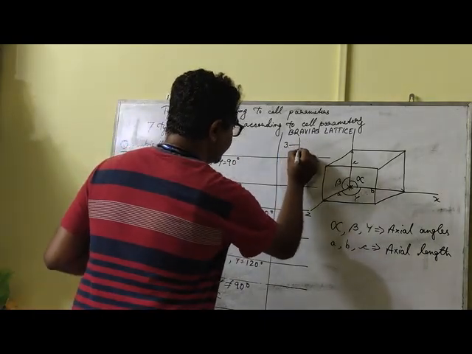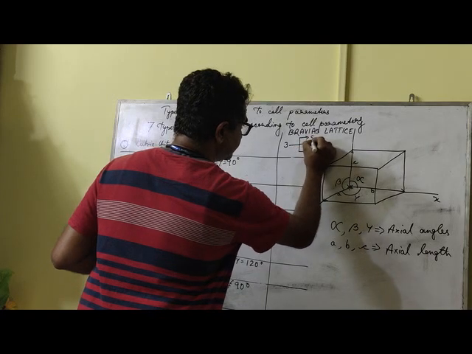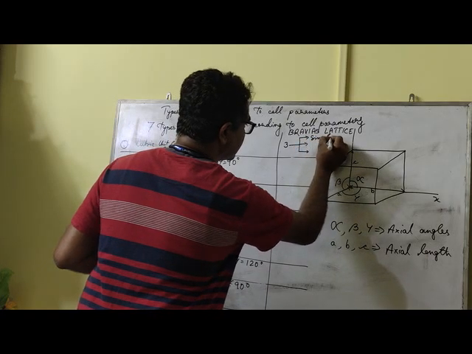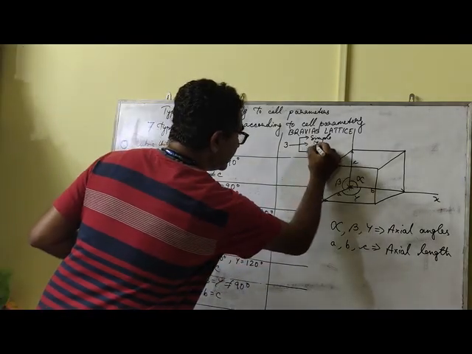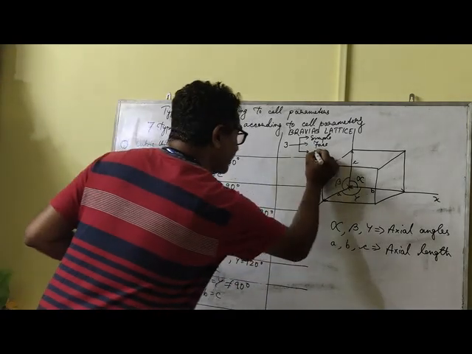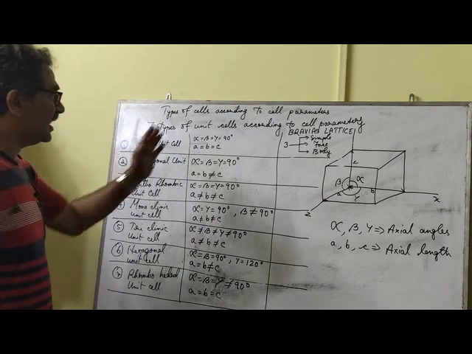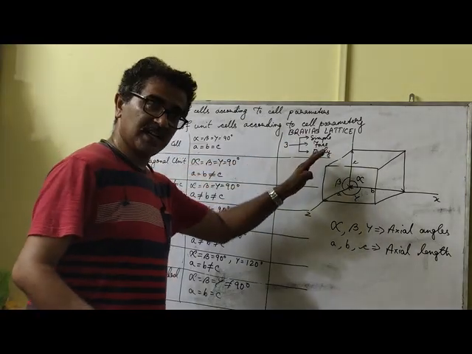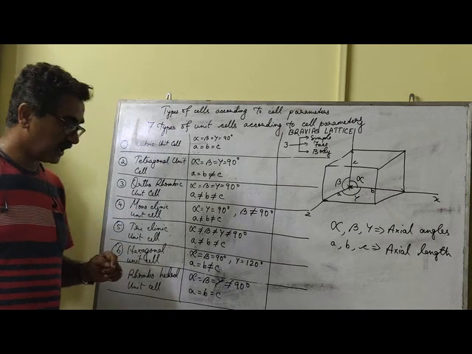We have simple, or the primitive one, that is at the 4 corners, remember? And then we have the face, that is all the 6 sides. And then we may have the body unit cell. So there are 3 possibilities of arrangement of atoms inside the cubic unit cell.